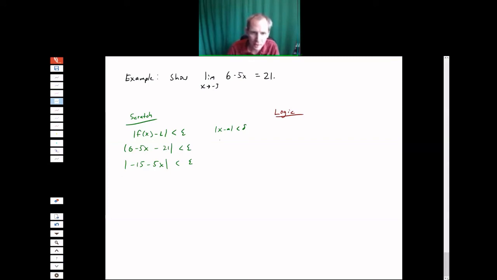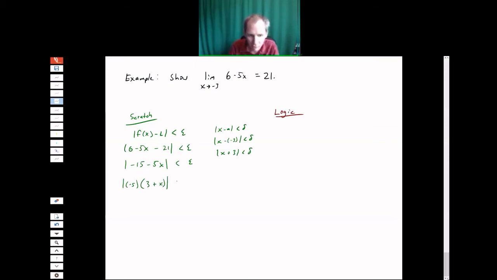If the a is negative 3, that's x minus negative 3 less than delta. Minus a negative is plus. Okay. So what I'd really like to see is an x plus 3 somewhere. I say, well, I've got a negative 5 in front of the x. Let's factor out a negative 5. So if I factor out a negative 5, I'll have 3 plus x.